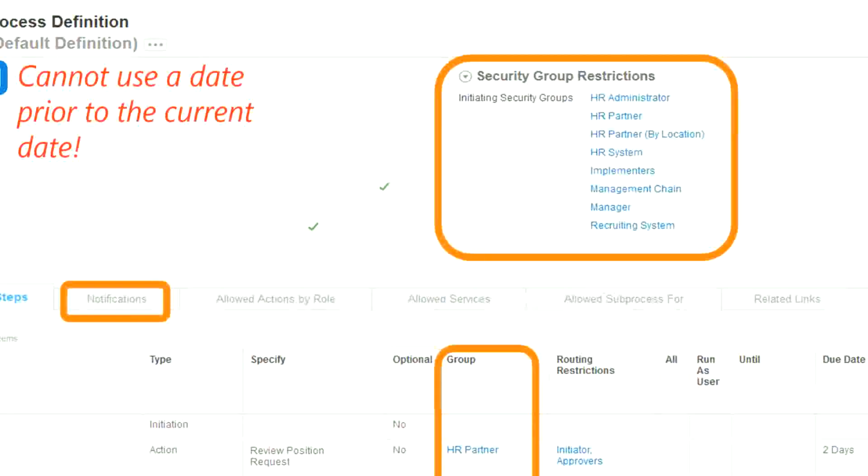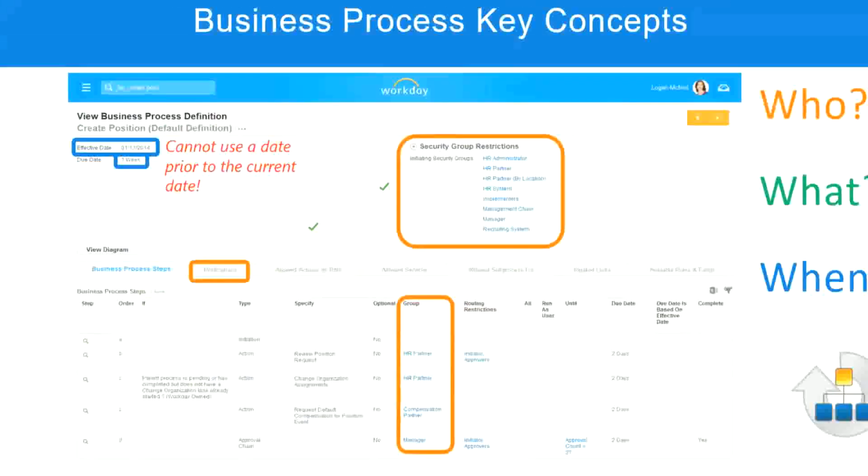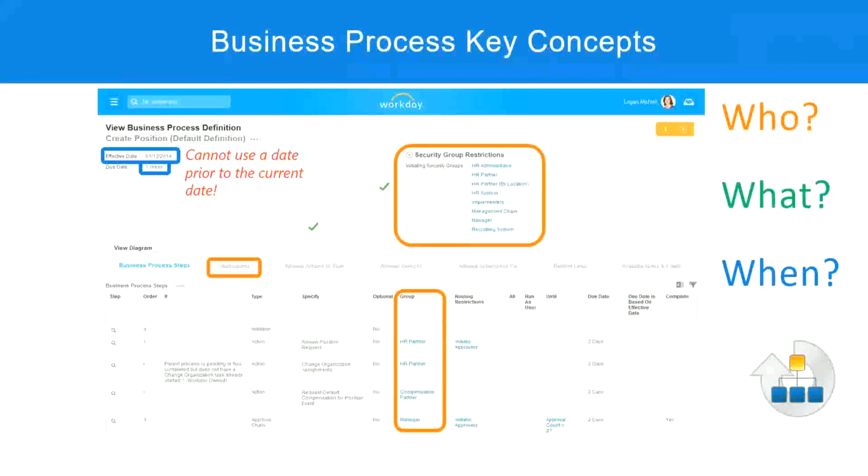HR system implementers, management chain manager, recruiting system. Right. These are the security groups who are able to initiate. So if I ask the who question, who is going to initiate? Then what can we say? Yes, these are the security groups who will be able to initiate this particular business process. Correct.